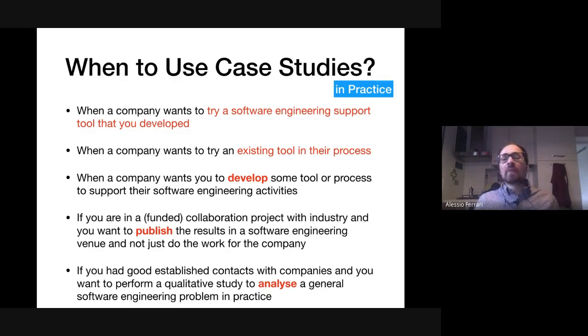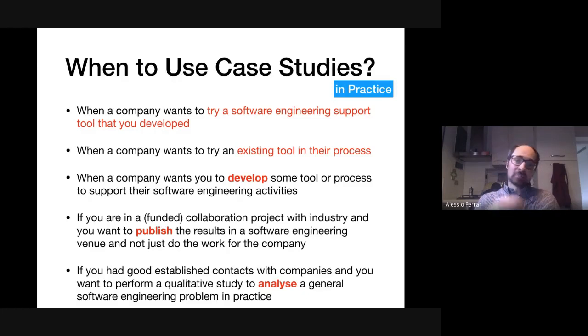So you may have developed a tool for identifying requirements issues, to support traceability of requirements, to support bug detection, anything that can support software engineers in the company. They want to try it out on their data, and this is the most common way in which any case study starts. So the company interacts with you and wants to try something to improve their software engineering process.